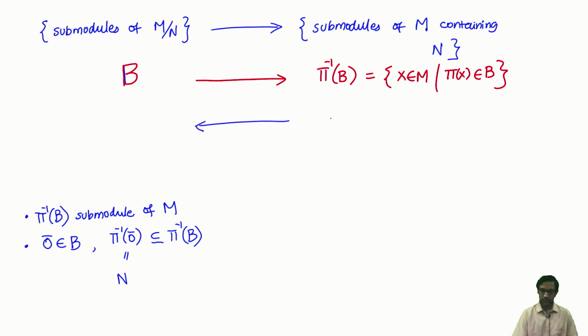So now let's define a map in the other direction. Suppose I give you a submodule P of M which contains N, then this map is just pi of P. So I take P and I just map it to its image under pi, by which I mean all cosets.